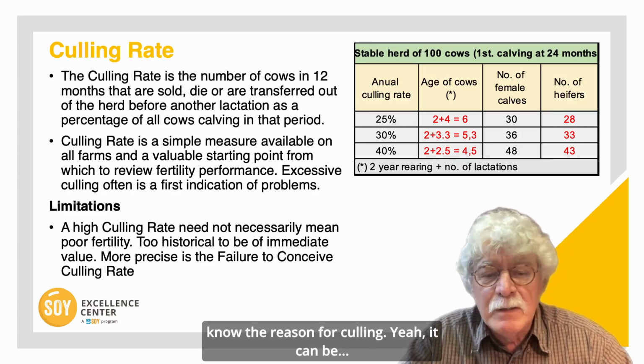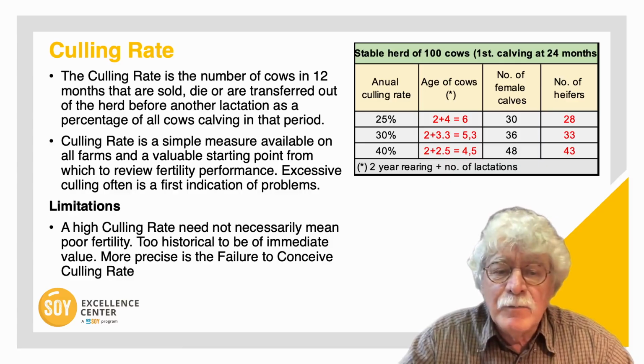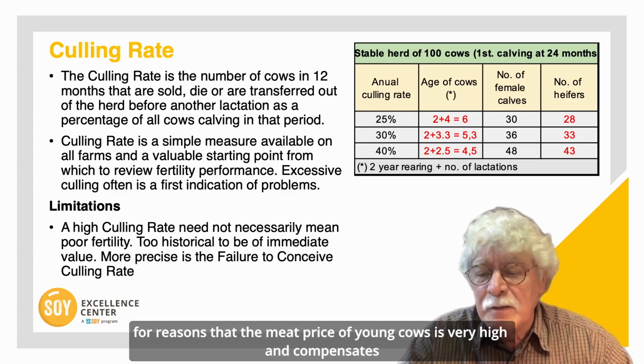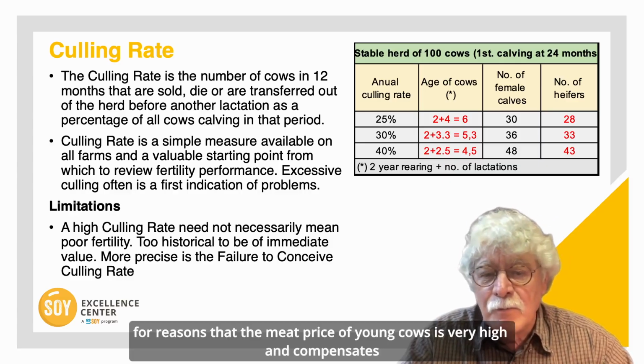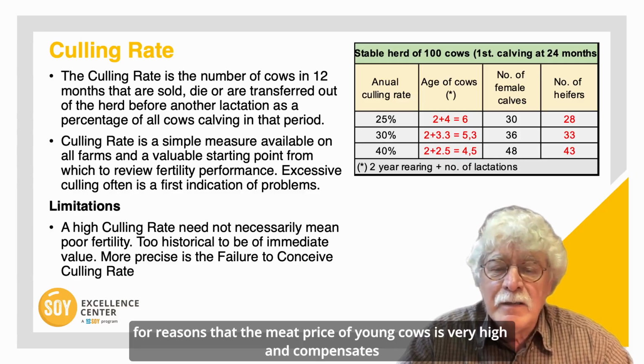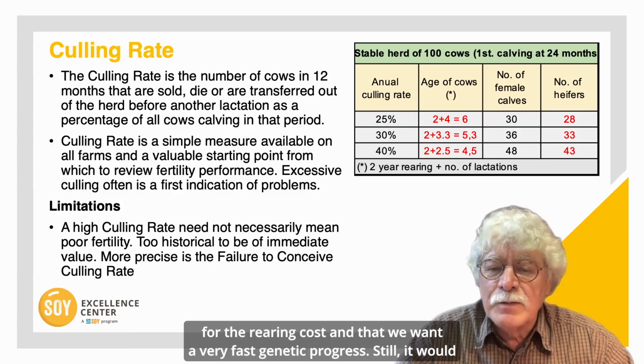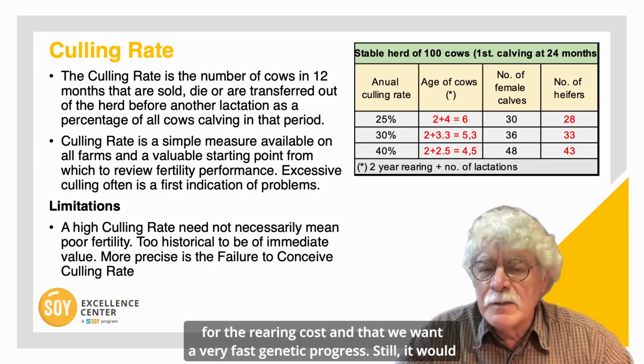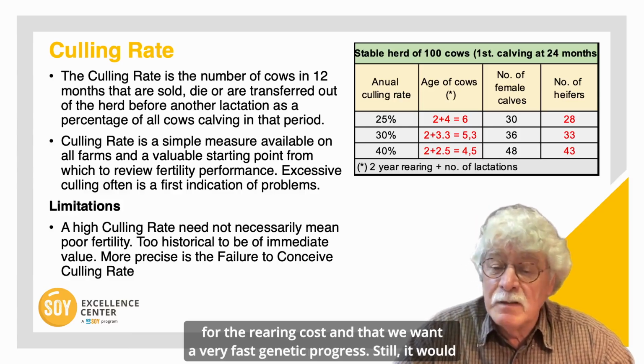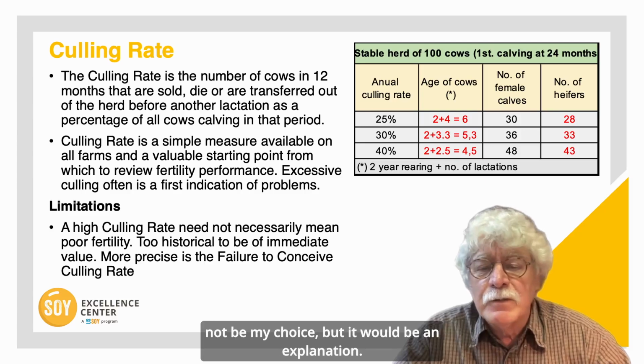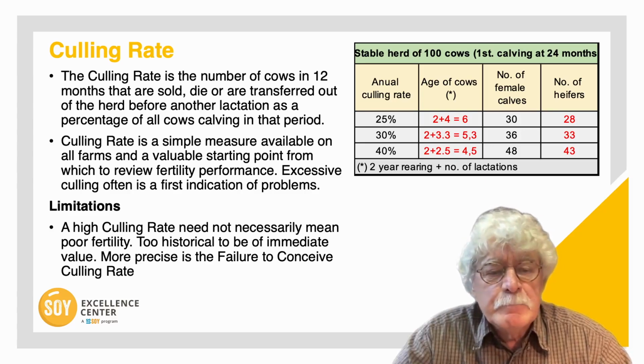Yeah, it can be for reasons that the price of slaughtered animals, beef, is very high and compensates for the rearing cost, and that we want a very fast genetic progress. Still, it would not be my choice, but it would be an explanation.